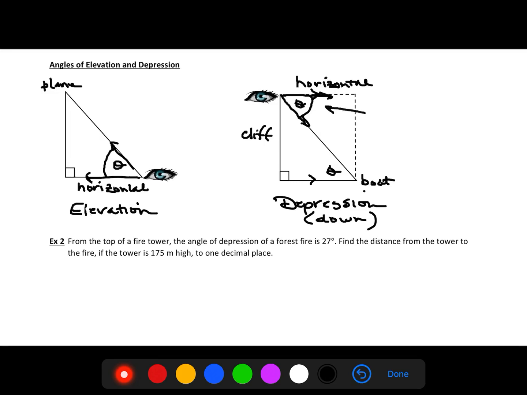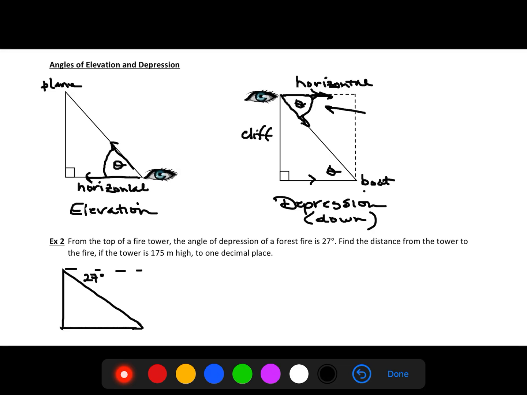So example number 2, we are looking at from the top of a fire tower, the angle of depression of a forest fire is 27 degrees. We want to find the distance from the tower to the fire if the tower is 175 meters high to 1 decimal place. As always, first thing we do is draw our triangle, draw what it is that we know here.